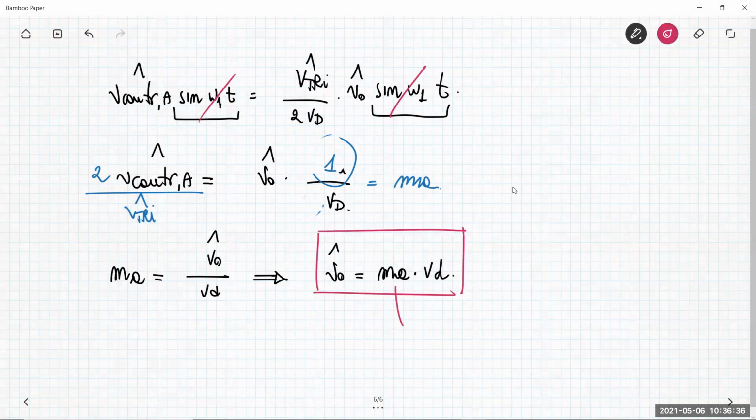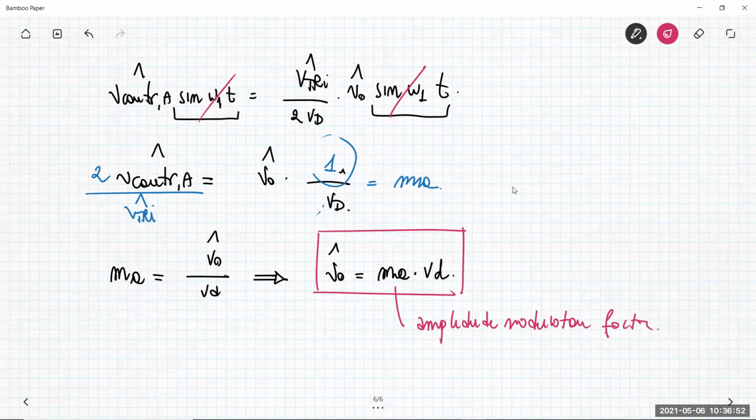MA is the amplitude modulation factor. This amplitude modulation factor depends on the amplitude of the control voltage with respect to that of the triangular voltage.